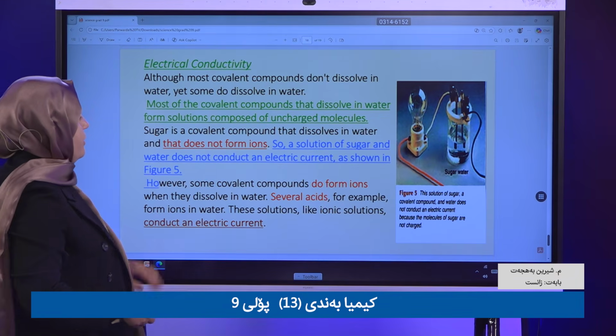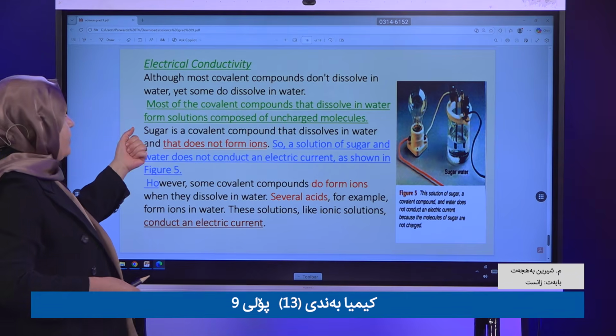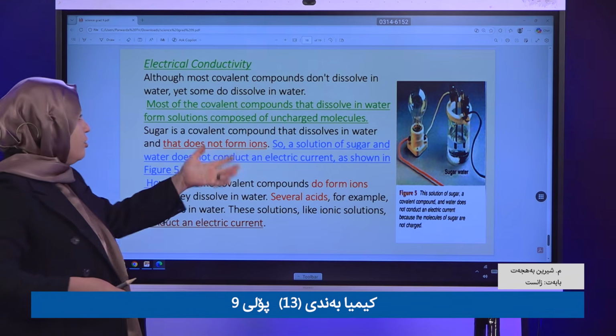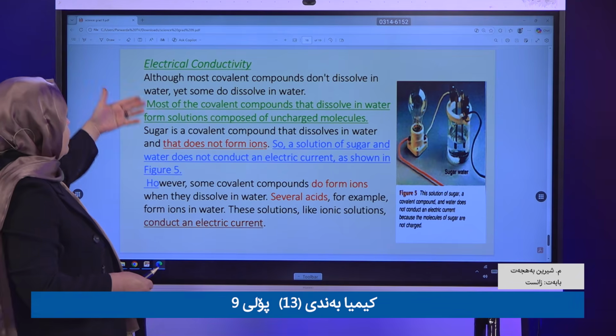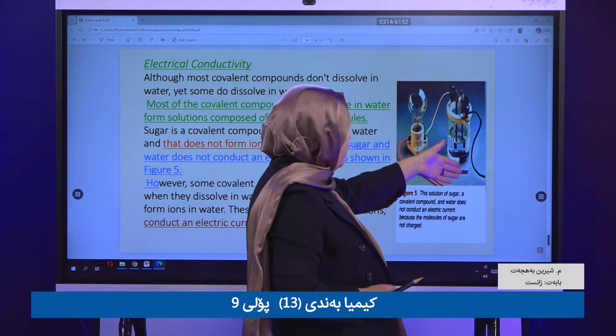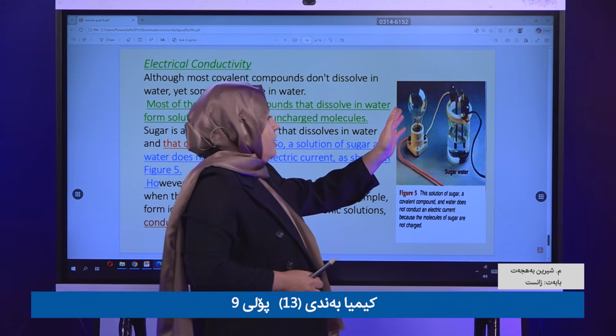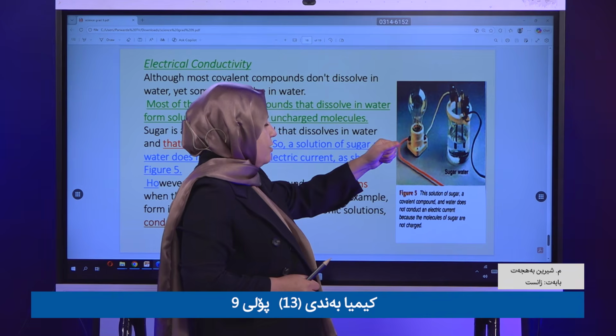Electrical conductivity. Ionic compounds have high conductivity, but covalent compounds have low electrical conductivity. For example, look at this one. We put sugar into water, and look at the lamp. Is it turned on? Of course, it is turned off. Why?